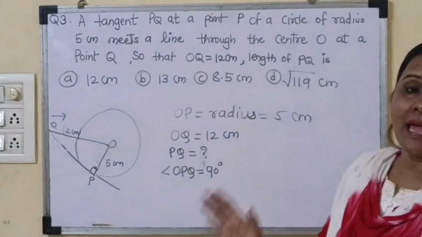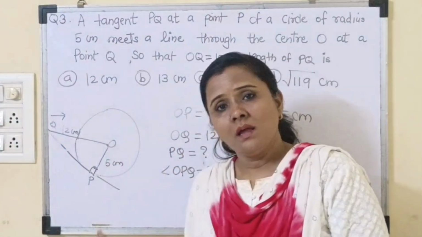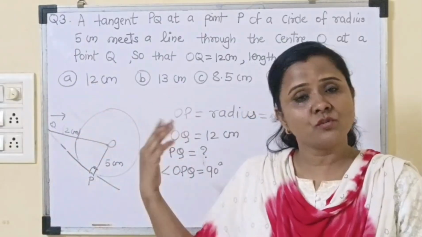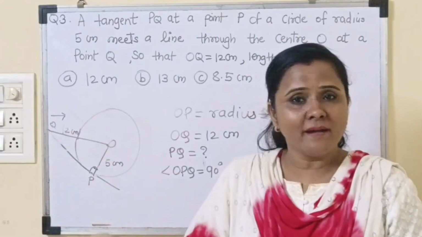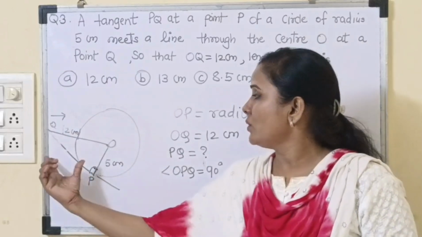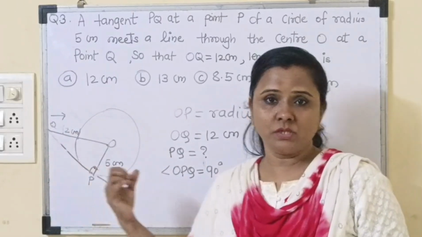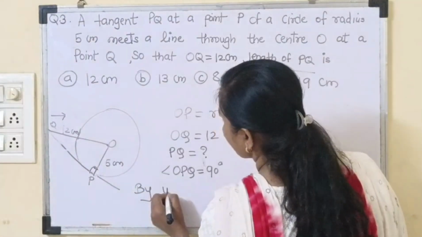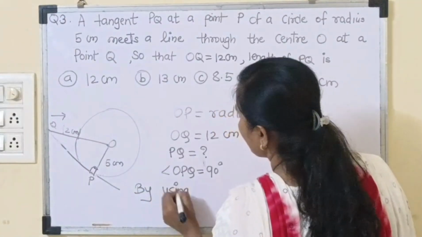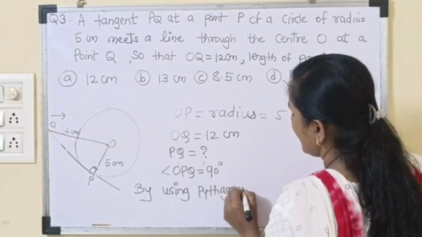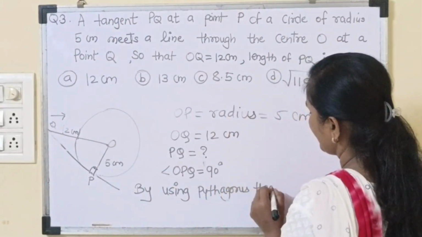If the triangle is given and we want to find another length, we use which theorem? By using Pythagoras theorem, we have to find this length. Understood? So write down by using Pythagoras theorem.